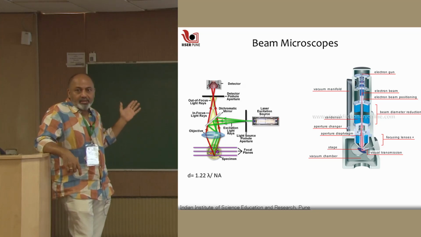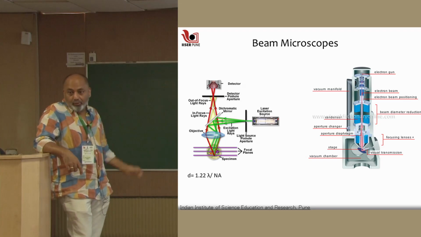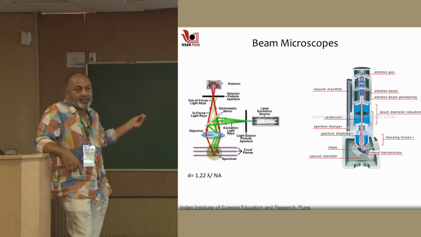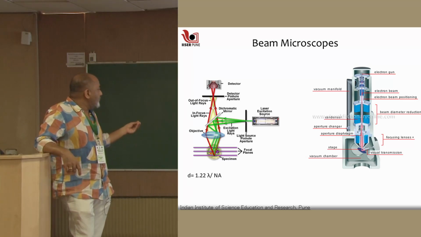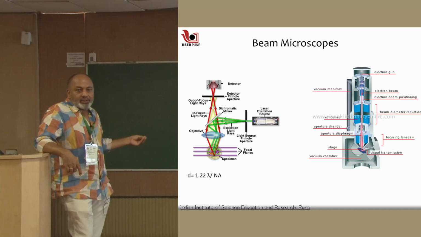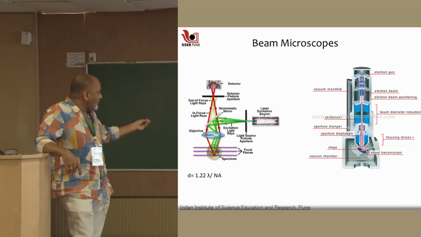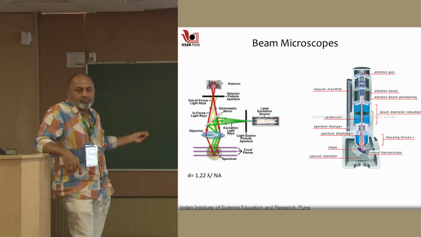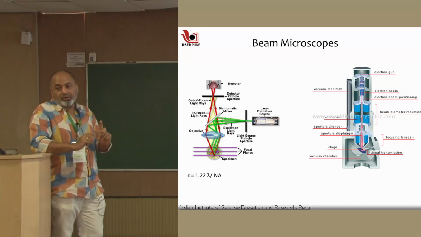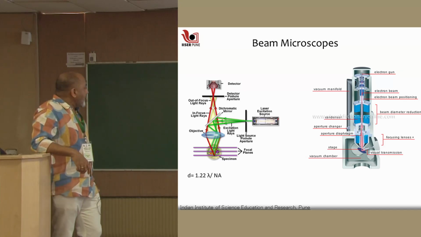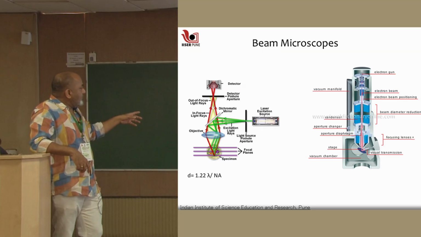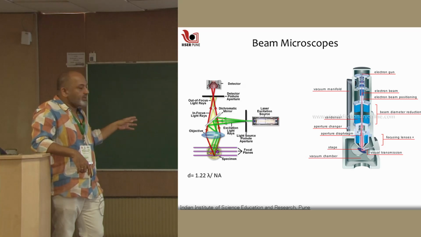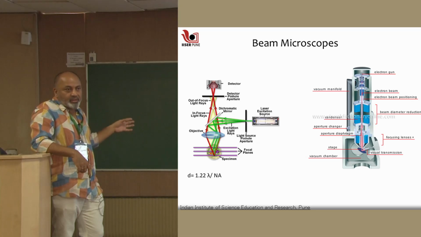But back in the days, or even two decades ago, this was what the confocal microscope was, the best optical microscope that was there, and you couldn't see things which are smaller than this d, which is about 1.22 lambda over the numerical aperture. These are called the Abbe criteria of resolving two spots on, let's say, an object. And clearly you can see here that the wavelength of light that's being used is limiting the resolution along with the numerical aperture of the lens.